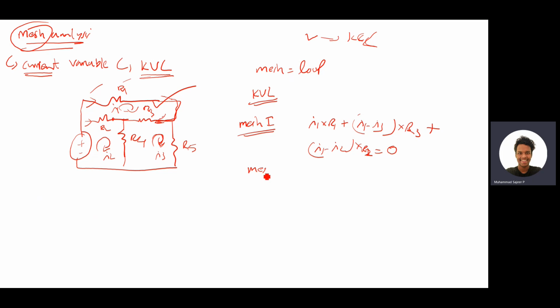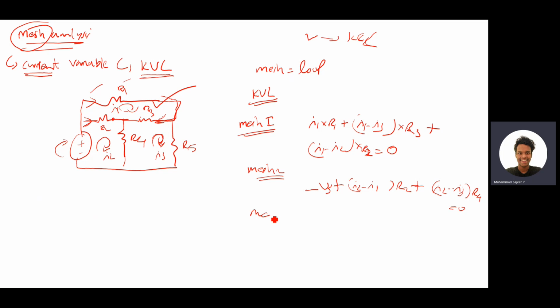And if you look at mesh 2, sorry for my bad handwriting, here we are going from negative to positive, so it is minus Vs plus. Here if you go in this direction, I1 is in the opposite direction, so (I2 minus I1) into R2, plus, at the end, (I2 minus I3) into R4 equals 0.